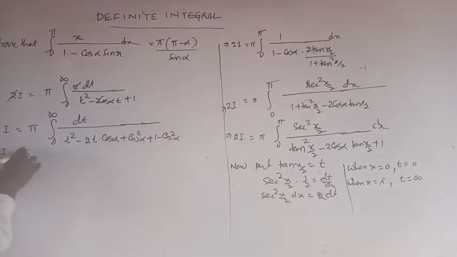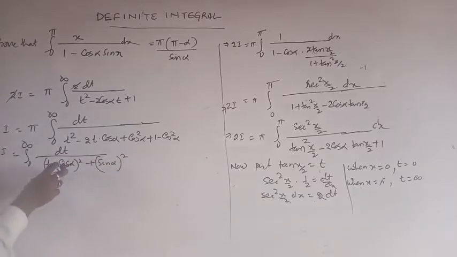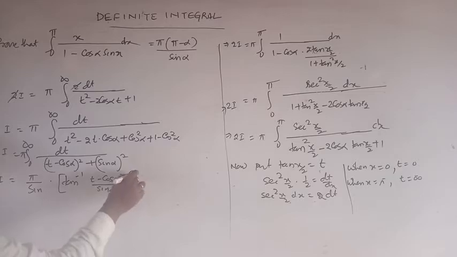So I is equal to the integral of dt by ((t minus cos alpha) whole square plus sin square alpha), with sin alpha as a. By the formula dx by x square plus a square, this is tan inverse, 1 by a, that is 1 by sin alpha, here with pi, so pi by sin alpha times tan inverse of (t minus cos alpha) divided by sin alpha. The limits are 0 to infinity.